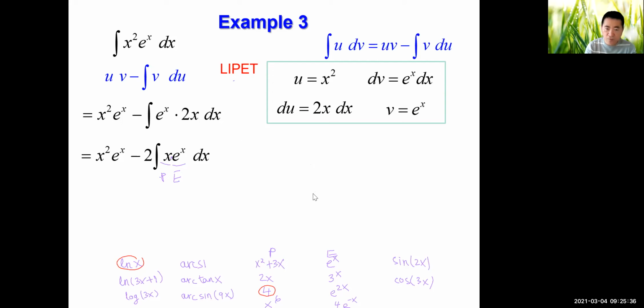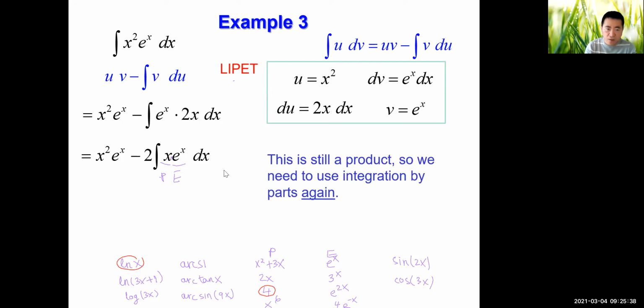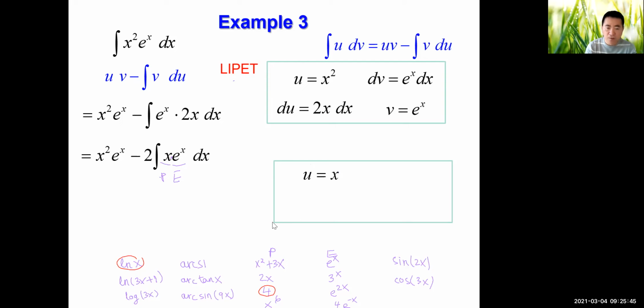So from here, we have the product, and we need to use integration by parts again. So let u be x this time, dv is e to the x, and du is dx. V is e to the x, the antiderivative, and du is the derivative. Here again, you may want to put down that it's really 1 dx.